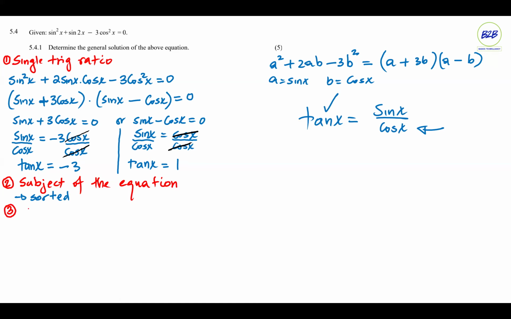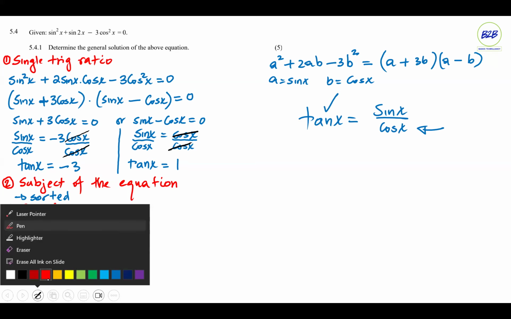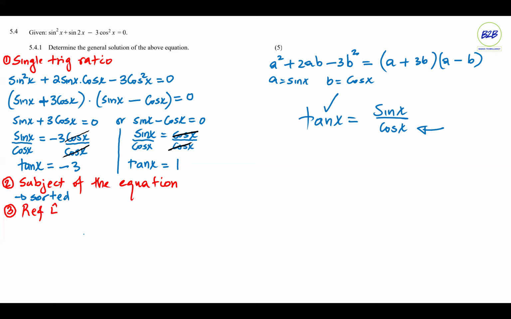What is step 3? It is determining the reference angle. What do we have? We have 2 equations. Remember, the first one being tan of x equal to negative 3.